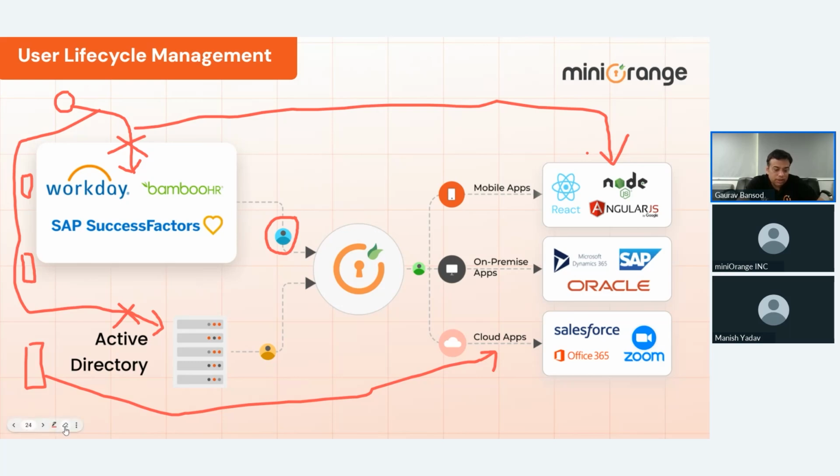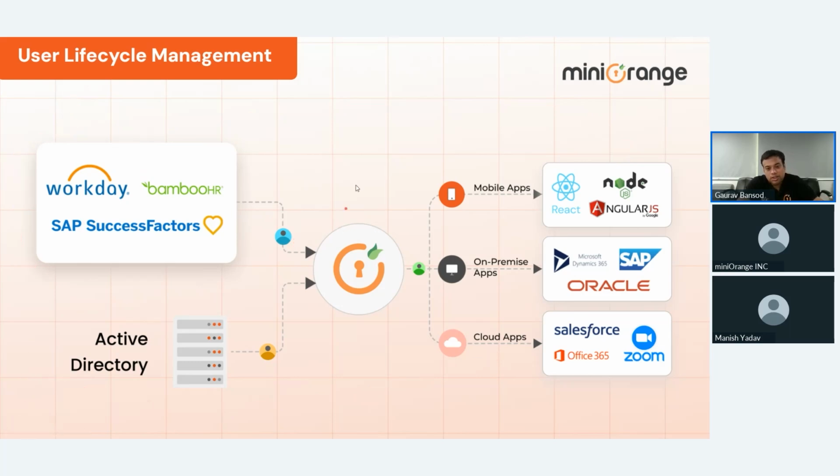And this is completely solvable with a concept like miniOrange's user lifecycle management, where we act as a firewall, where the miniOrange broker has the capability to sync with any of the HRMS, CRMS systems, or even with the Active Directory. And it can automate the entire user lifecycle management.